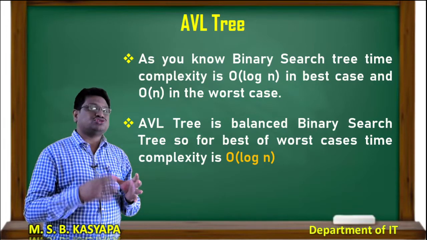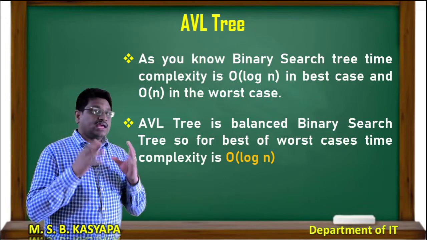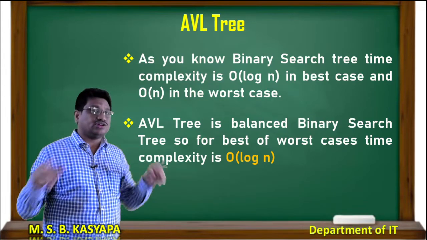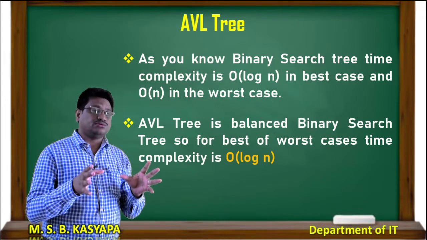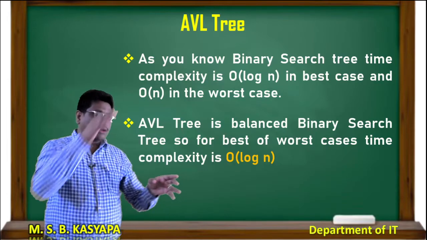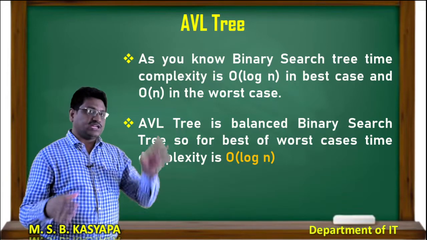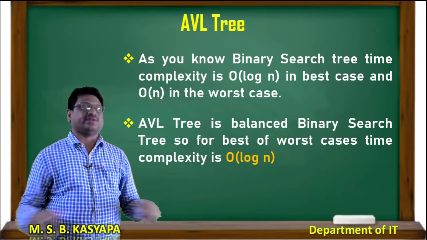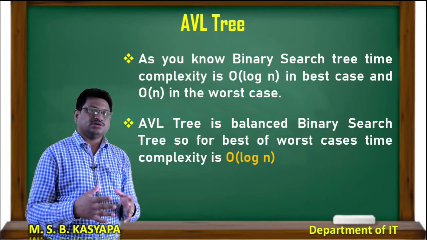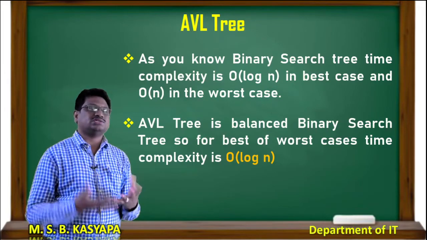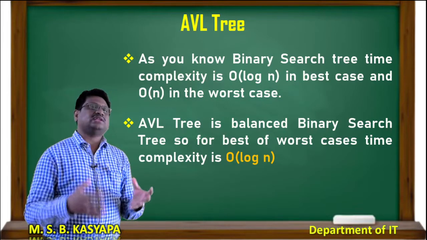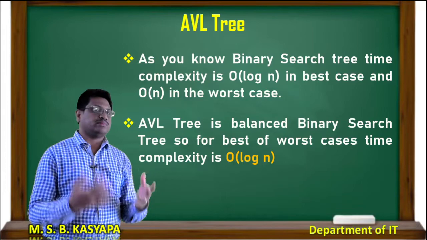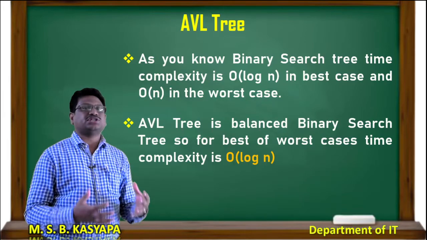But AVL trees are calculated according to the balance factor. So, there is no need to create a left skewed tree or right skewed tree. There is no chance to create a left or right skewed tree or single path trees. Am I right? There is no chance. So, there is no worst case in these AVL trees. So, whether it is a best, worst or normal case, the time complexity is order of log n.